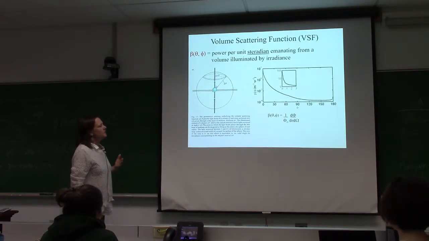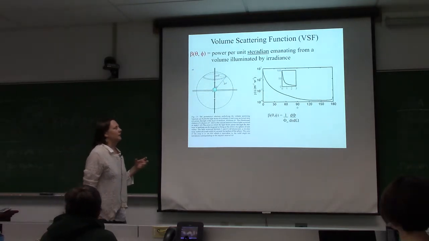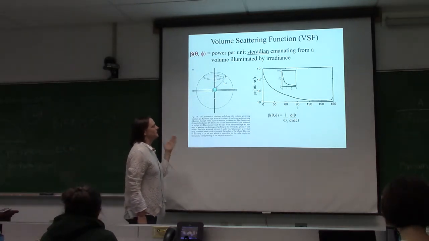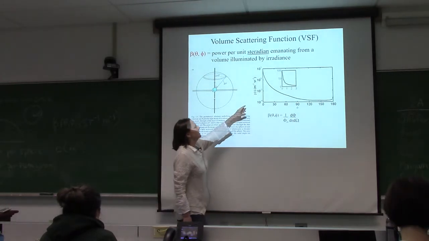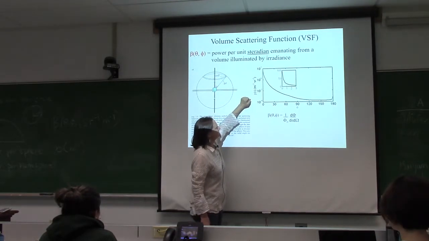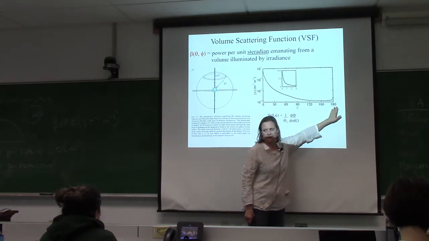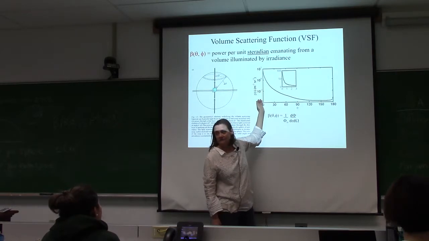So if you plot that, and now I am going to assume some azimuthal symmetry, I'm just plotting it for one angle. We can look at the volume scattering function per meter per steradian as a function of theta. And this is a log scale.